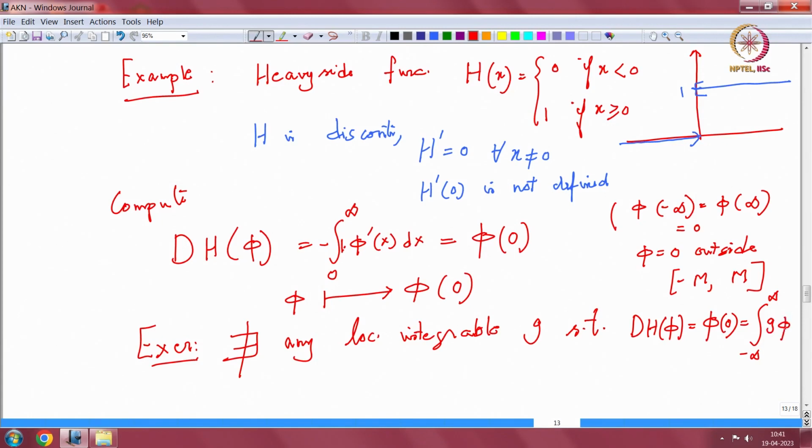Only if such a g exists can you identify this association as g. So this is a new object, giving a new association which cannot be realized from a function.